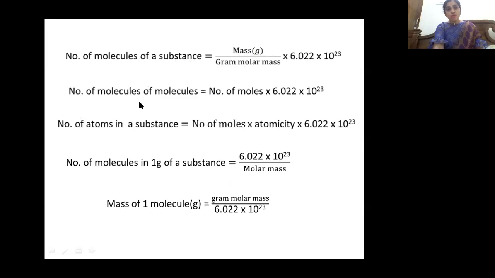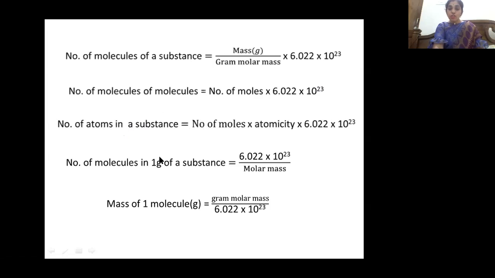Similarly, number of molecules can be written as number of moles into 6.022 into 10 to the power 23. Similarly, number of atoms in a substance is number of moles into atomicity into 6.022 into 10 to the power 23.